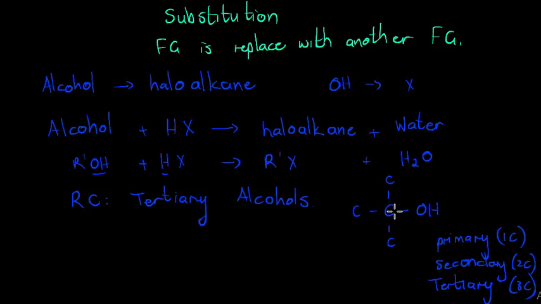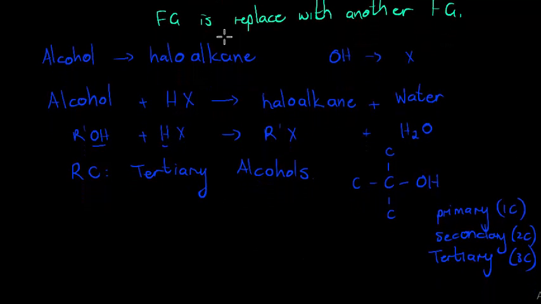And so this time, not only is the hydroxyl in a carbon chain and not on the ends, but on the carbon it's connected to, there is another branch. So that makes it a tertiary alcohol.